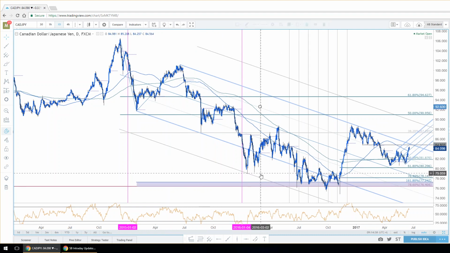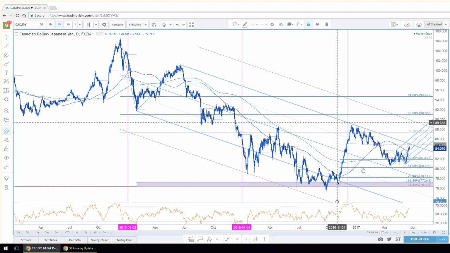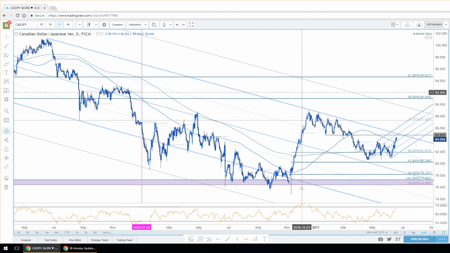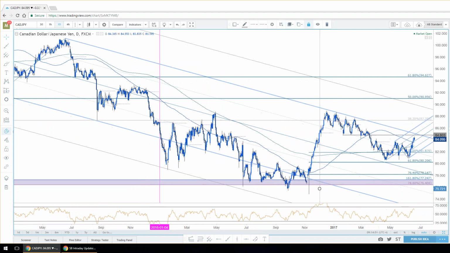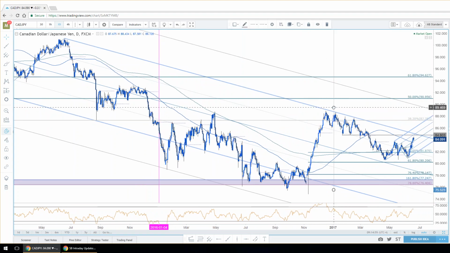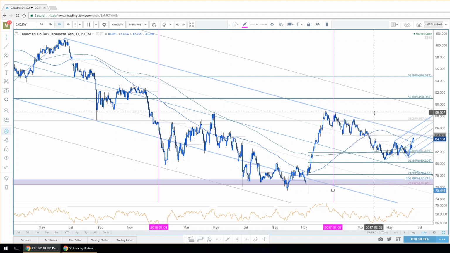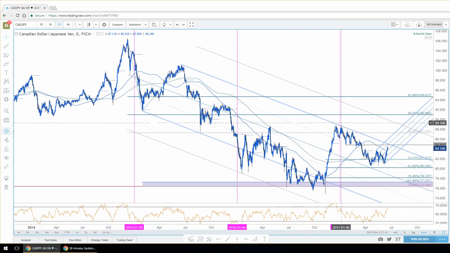Okay. So for CAD yen, interesting price action here. Again, Graham, I haven't looked at this in a while, so just kind of keeping things as objective as I can. Here's your yearly open. Okay, so feel free to take a snapshot of this chart if you need it.